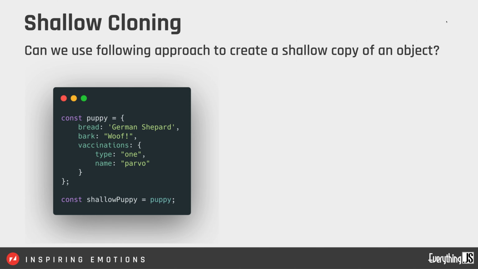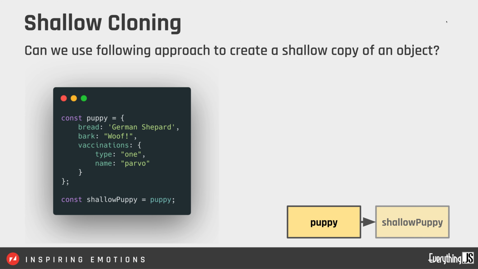Now, what do you think will happen here? It copies the reference. If you try to compare puppy with shallowPuppy, it is the same reference.